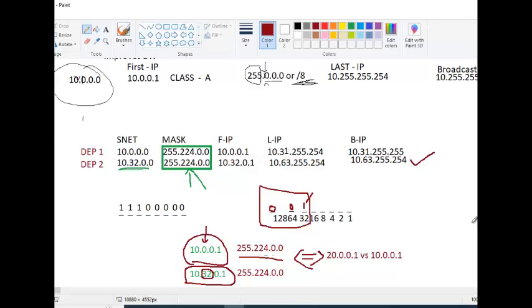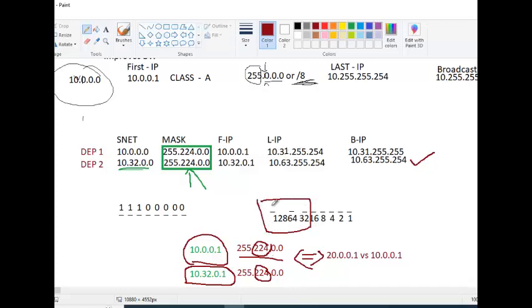So to say that they are not the same subnet, to say that they are different subnets, you need this mask. If you don't have this 224, then they both are the same. Because you got this 224, you say this third octet matters.